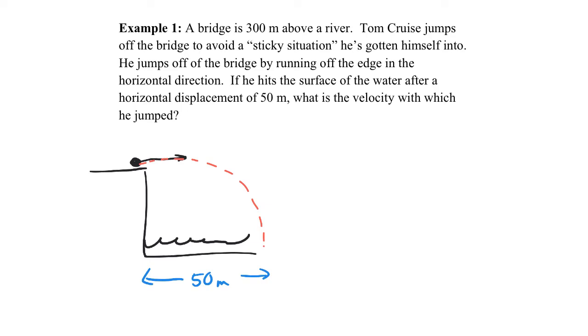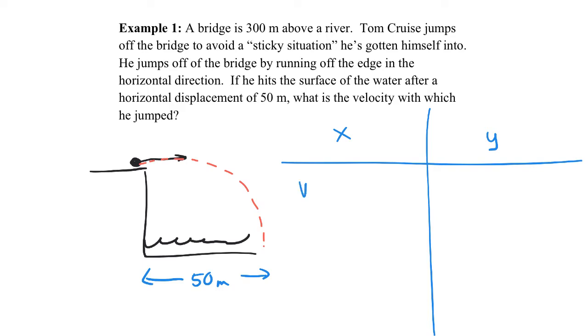Zero? No, it's not zero. In the y direction, remember, Vi is 0. But clearly he ran off the bridge, so he had velocity, but what direction did he run? Horizontally. So let's jot this down over here. We are trying to figure this out.